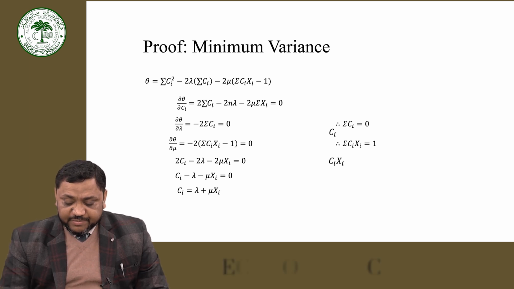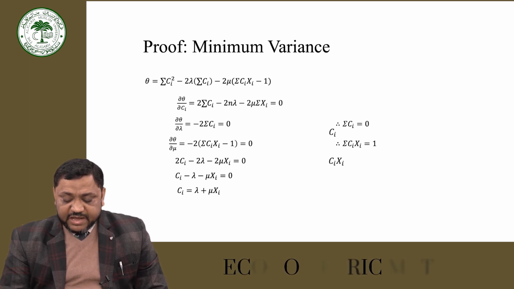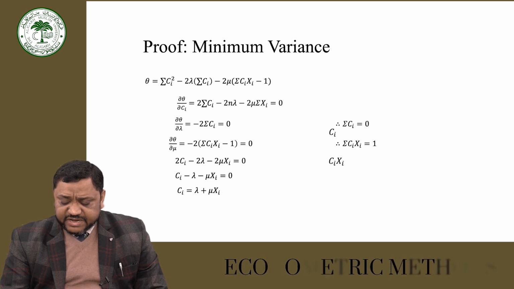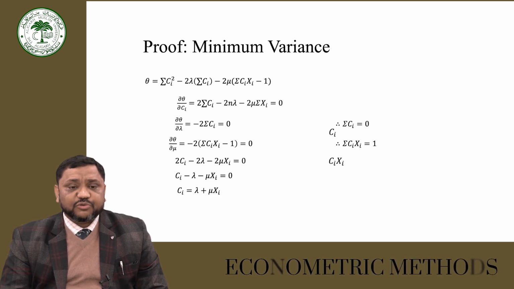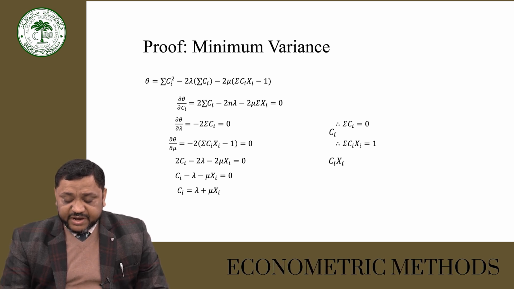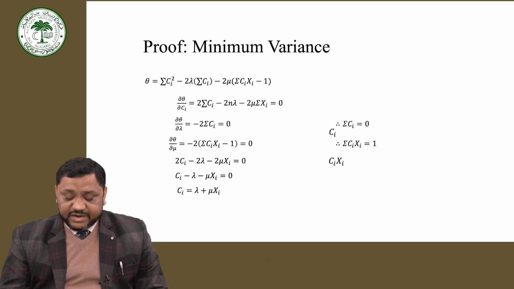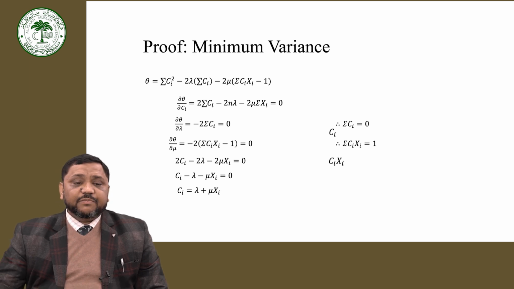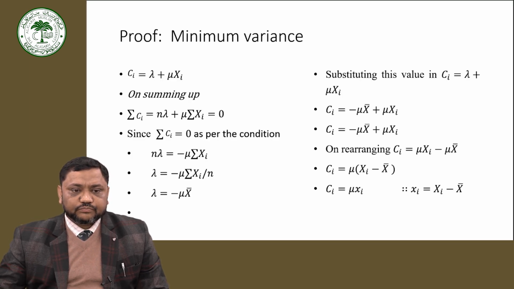We algebraically manipulate it. We divide both sides by 2, and what is left is ci minus lambda minus mu xi equal to 0. On rearranging, taking the minus terms to the right hand side, ci is equal to lambda plus mu xi.